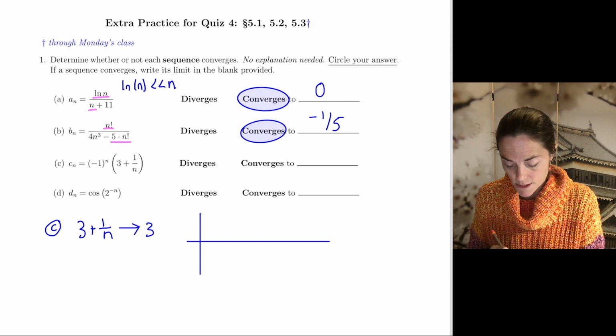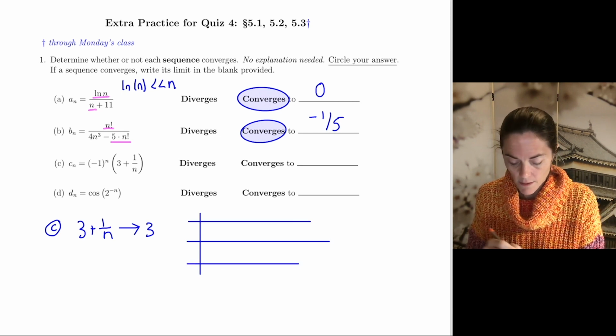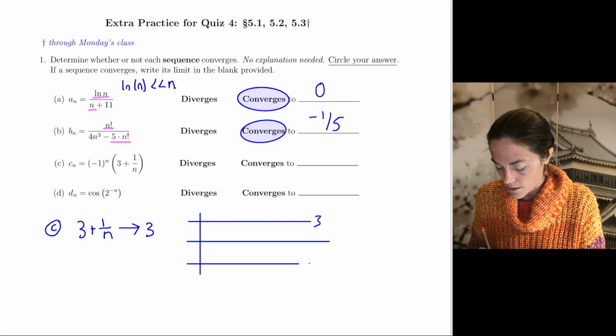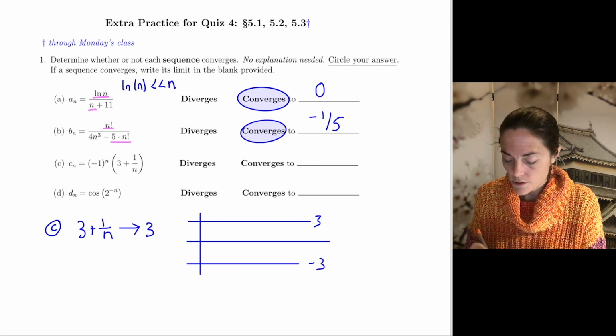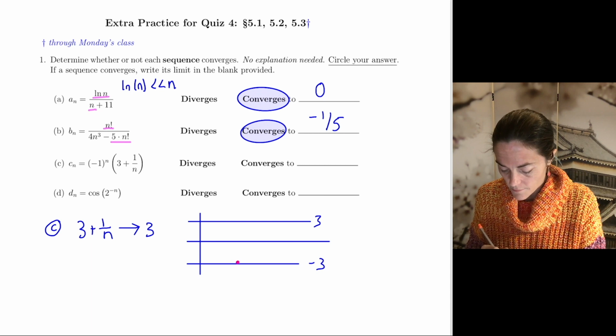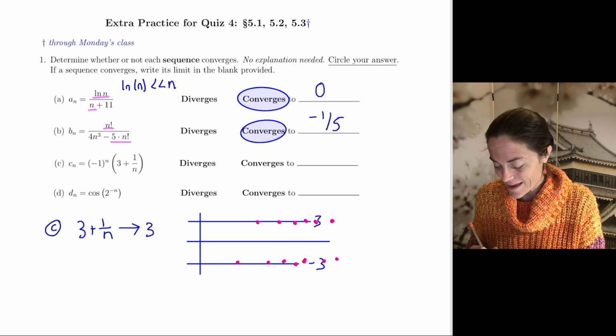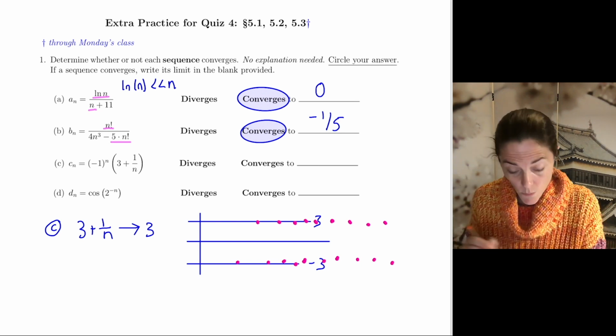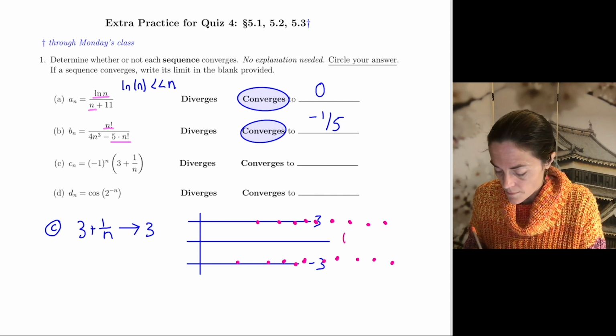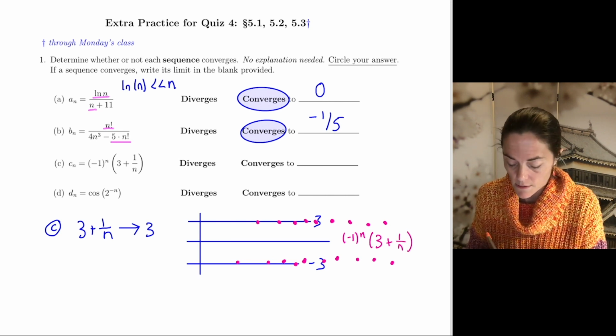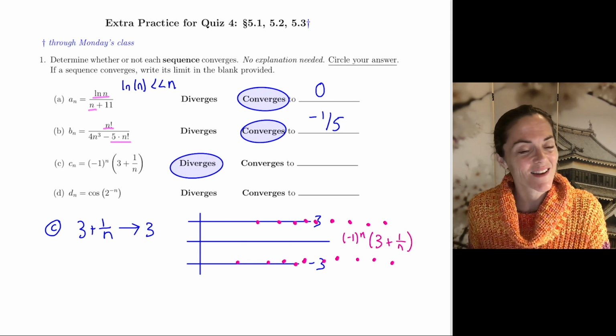For n large, say here is 3, and here is -3, my sequence is bouncing back and forth, back and forth, very, very close to 3 and -3. This is what's happening to -1 to the n times 3 plus 1/n. So this one diverges because it oscillates.